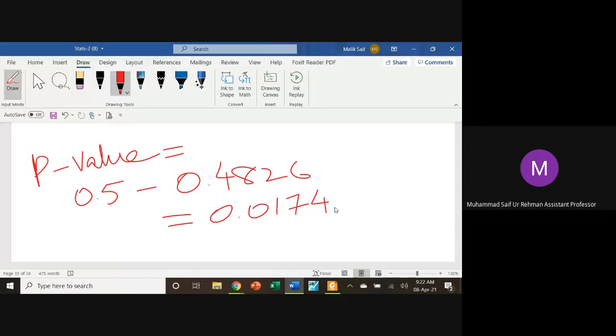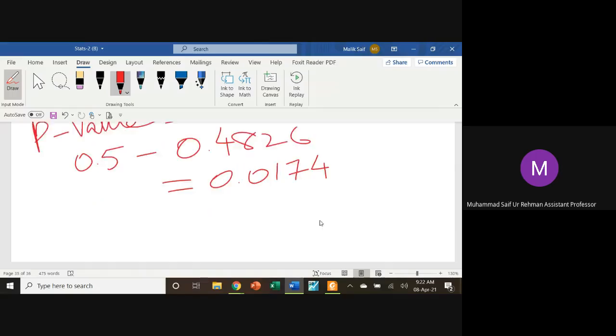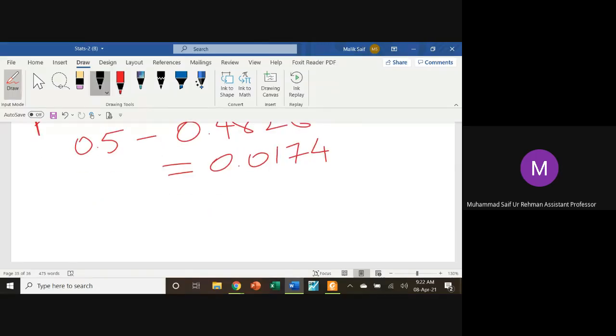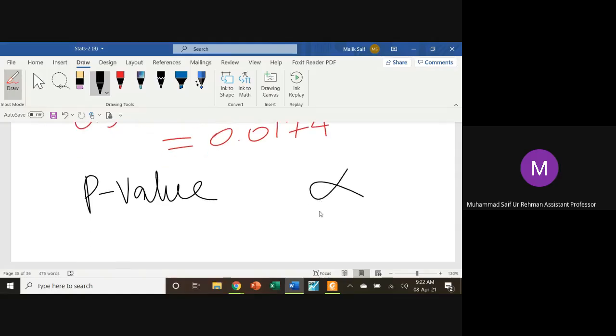But if you are using this value to decide about the null and alternate hypothesis, you may use the strategy that I have already given you. If the p value is less than alpha, then we would reject. Here the p value is 0.0174 and alpha was 0.05.